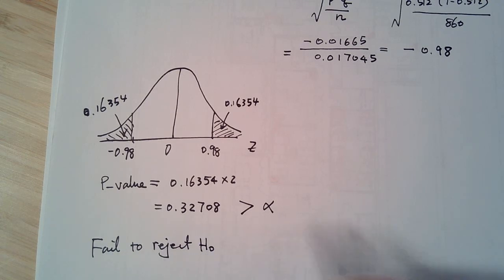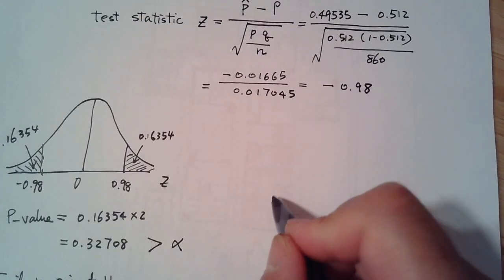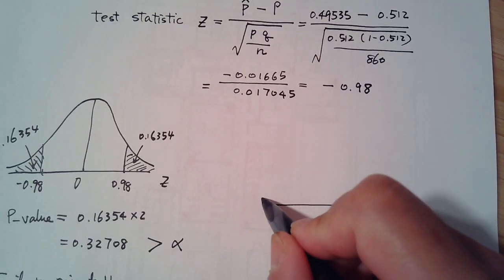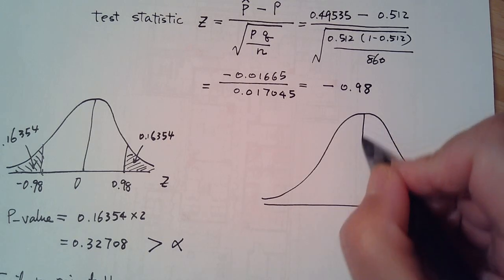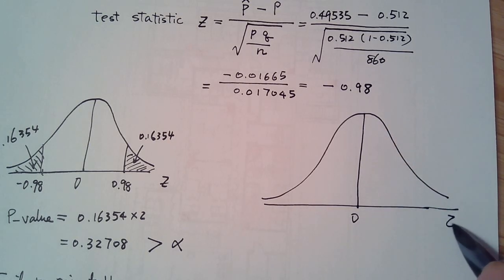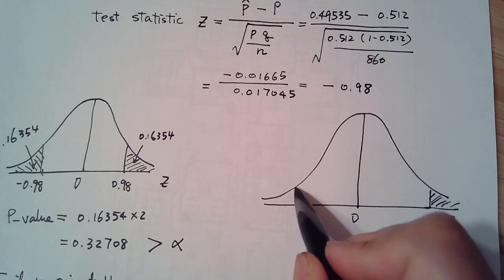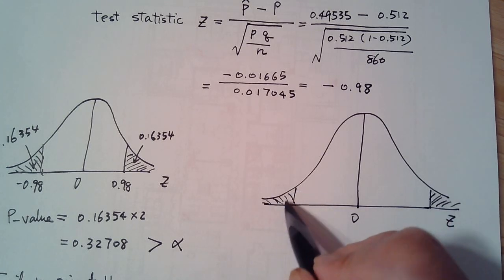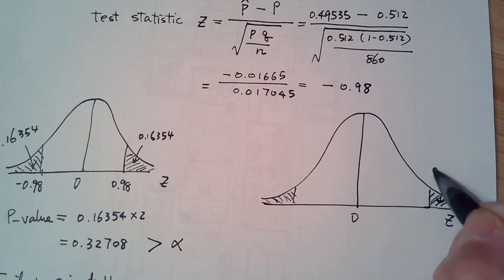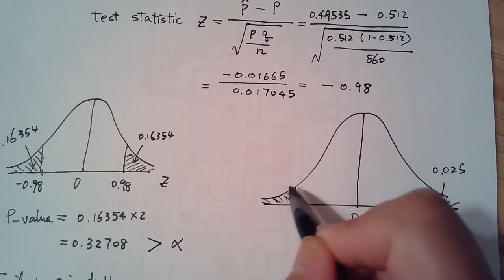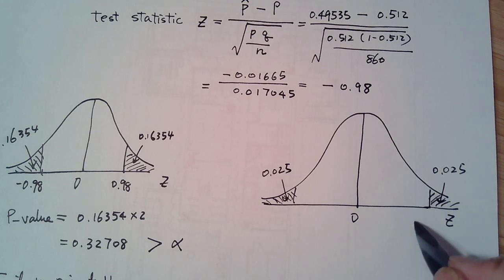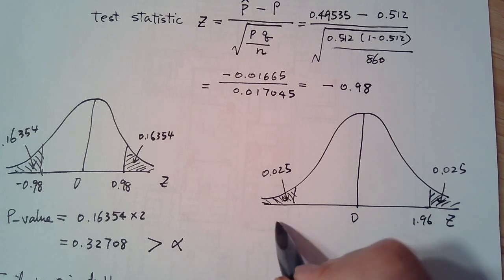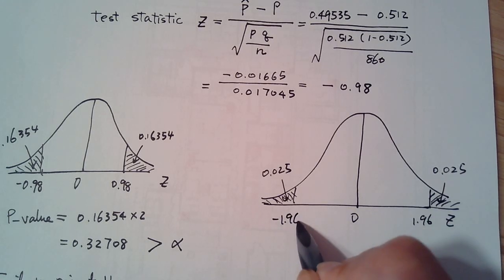H0. Now the other method is you get the critical value. Because you have a two-tailed test, each tail will be half of alpha, and our alpha is 5%, so each tail is 0.025. The critical values are 1.96 and negative 1.96.